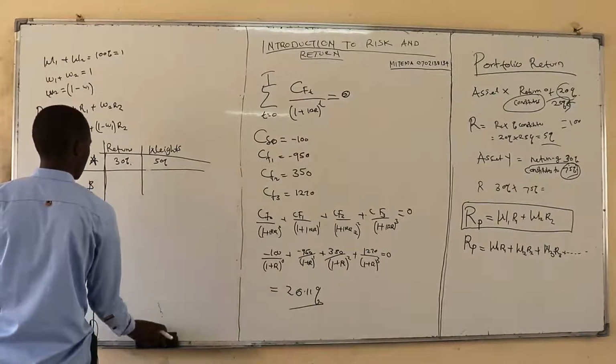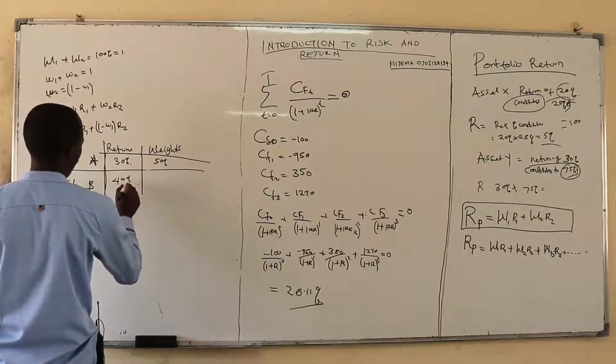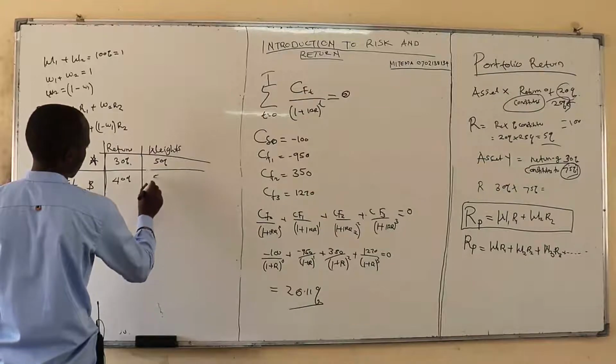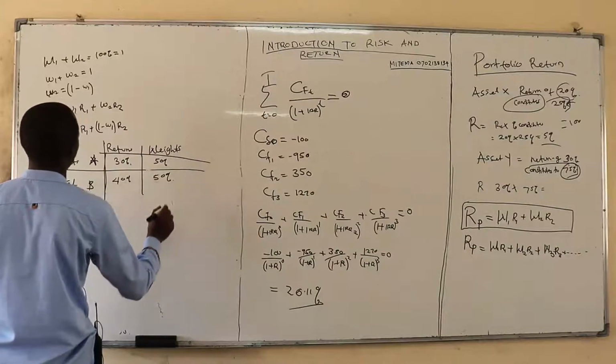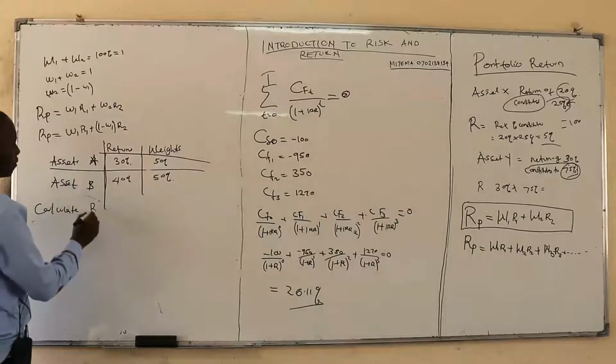Asset B has a return of 40%, and it constitutes also 50%. So you are asked to calculate the return on portfolio.